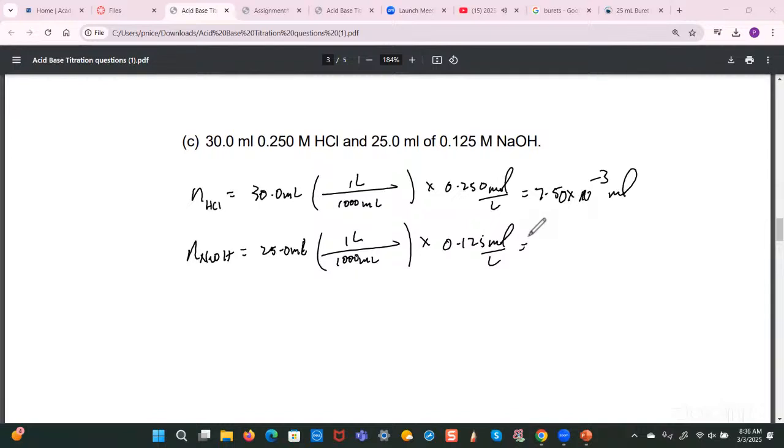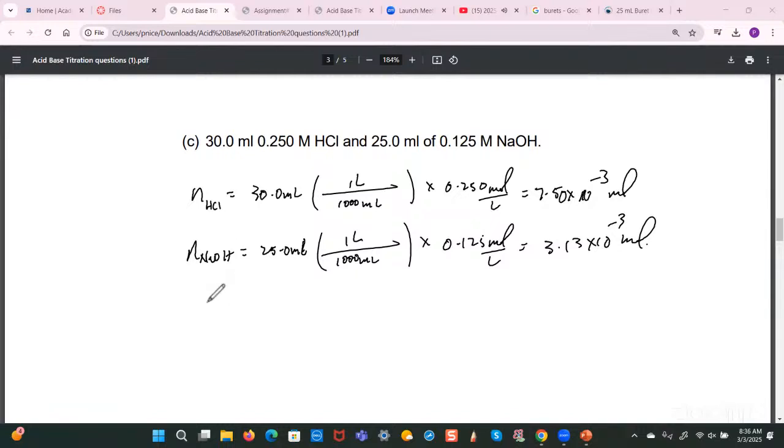Let me do this again. Okay, that's what I got: 3.13 times 10 to the minus 3 moles. Again, please check behind my calculations to make sure I'm doing the right thing. Well, that's what I got. All right, next step.